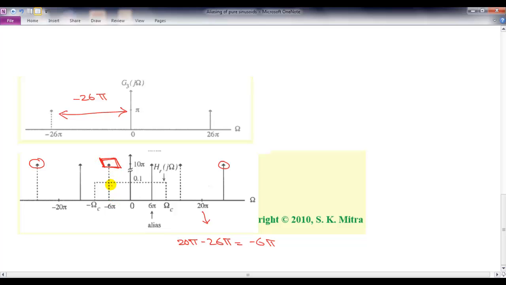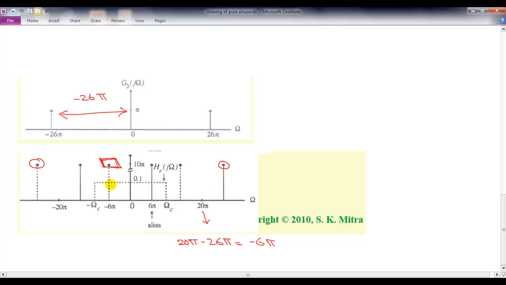So now the copy situated at 20 pi has overlapped so far into the main region that it has gone into the minus 6 pi region.